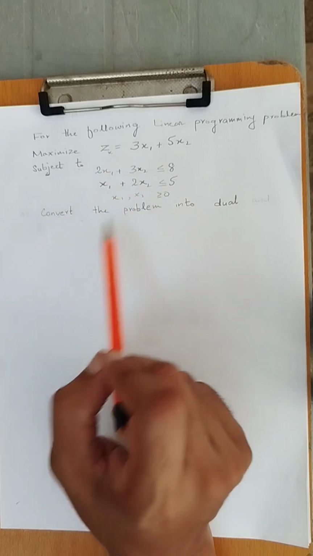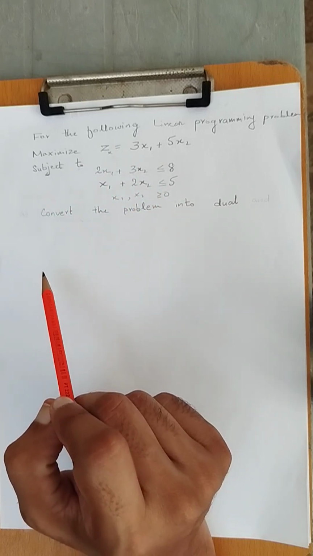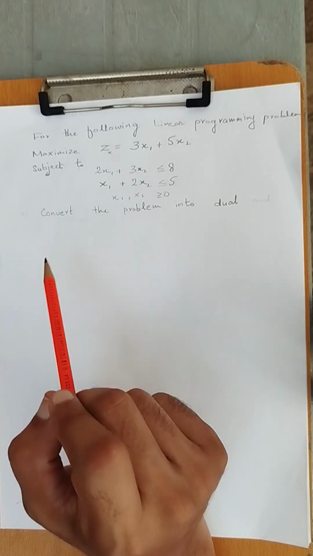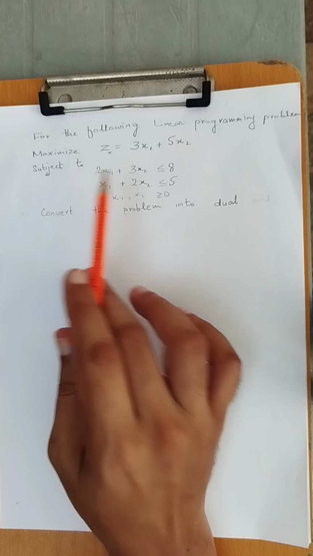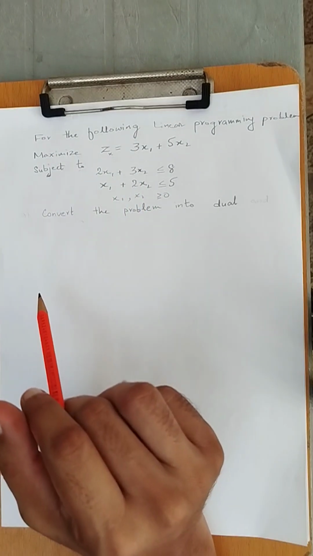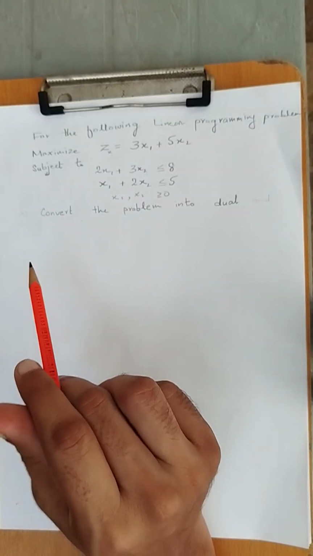So this is basically a linear problem, and it is called the primal. Primal is the linear mathematical model.